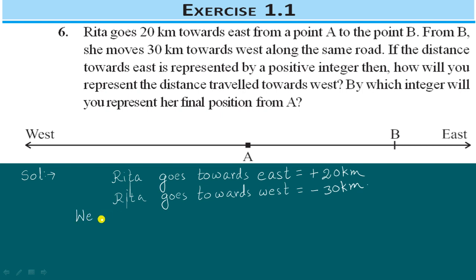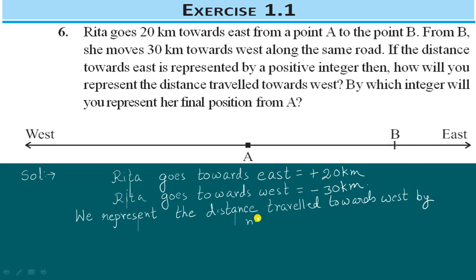We represent the distance traveled towards west by negative integer.